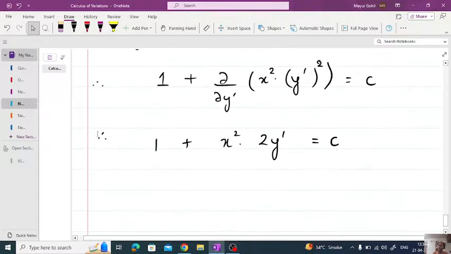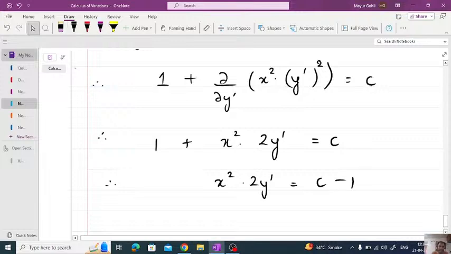So now again I am in a position where it is a differential equation. This is a differential equation, remember that. So I can now solve this differential equation as per my liking. So let us see how to solve this differential equation. Here this 1 I will transfer to the RHS, so it becomes x square into 2y dash equals c minus 1.